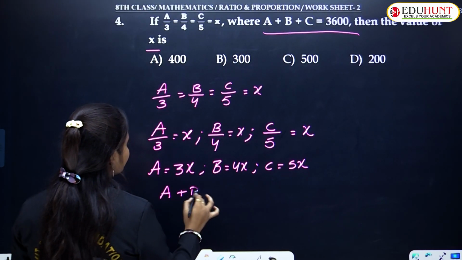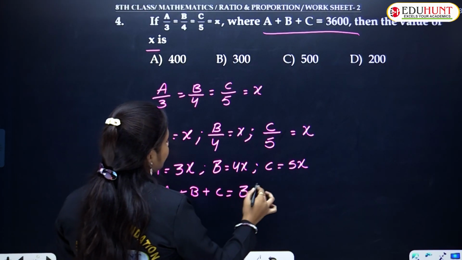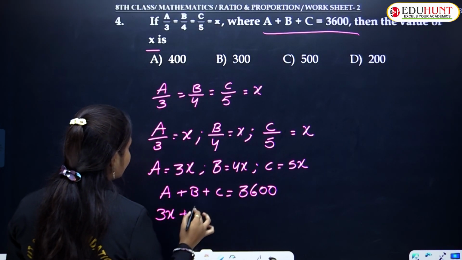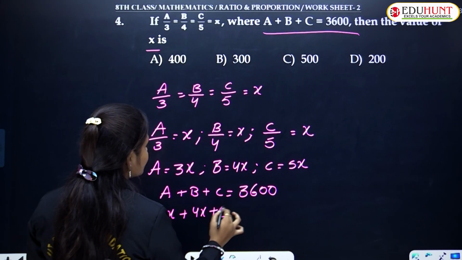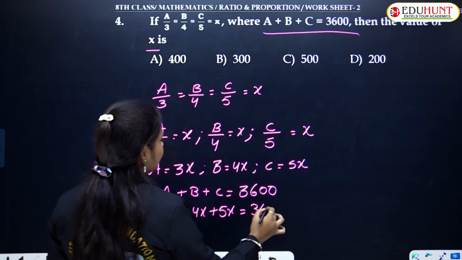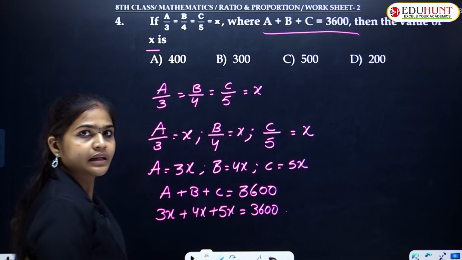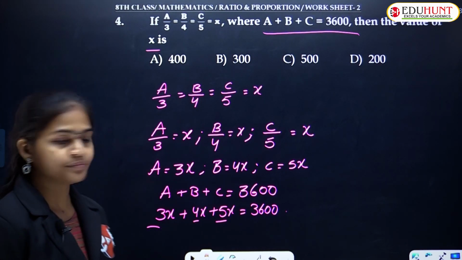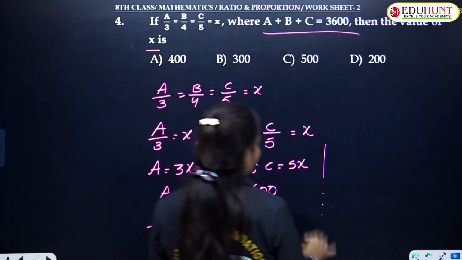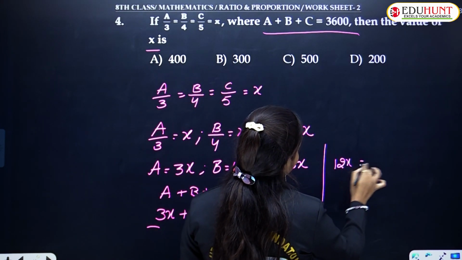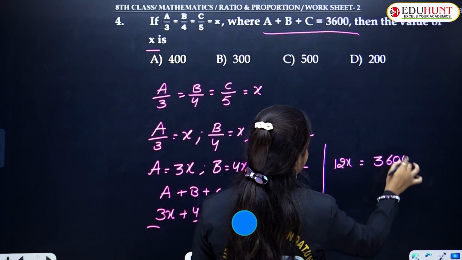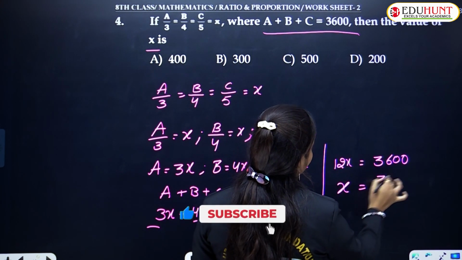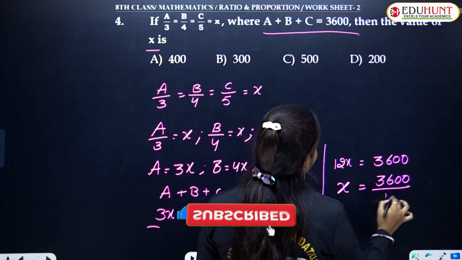Now substitute those values here. 3x plus 4x plus 5x is equal to 3600. Clear? So here 4 plus 3 is 7, 7 plus 5 is 12. So 12x is equal to 3600. Understand? From this one, x is equal to 3600 by 12.